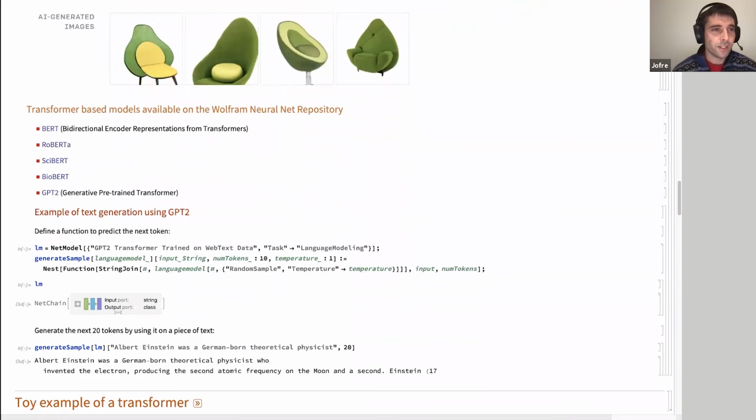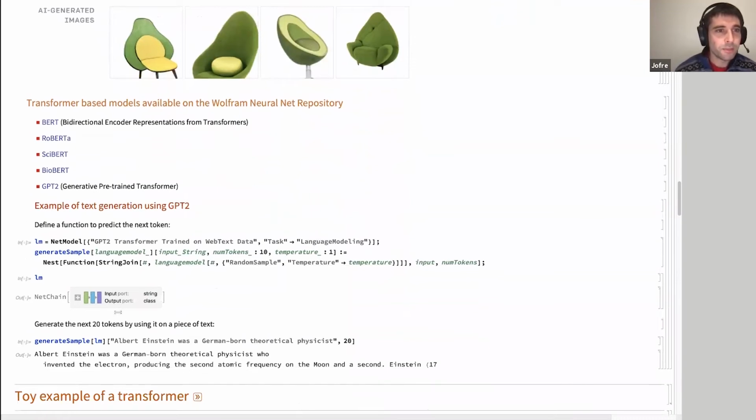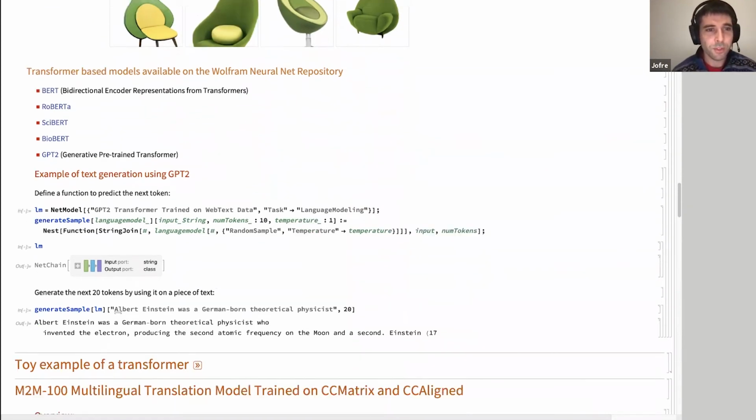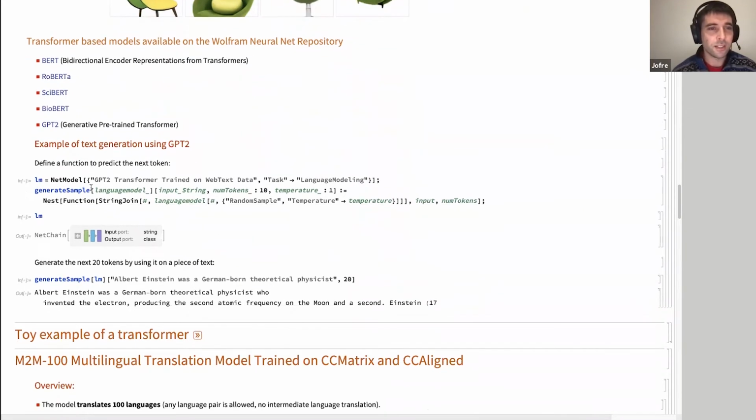We have already some transformer-based models in the Wolfram Neural Net Repository: BERT, RoBERTa, SciBERT, BioBERT, and GPT-2. I might have forgotten some other models, but these are available.